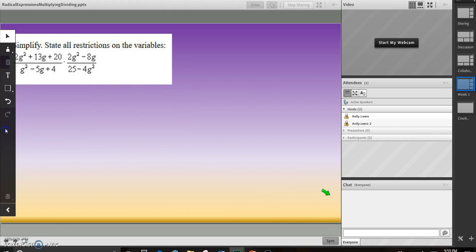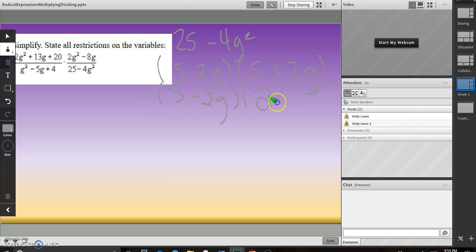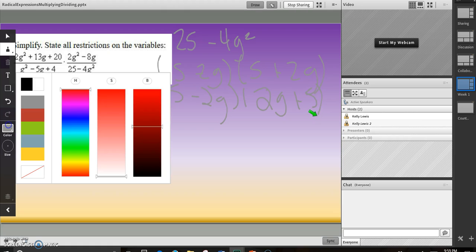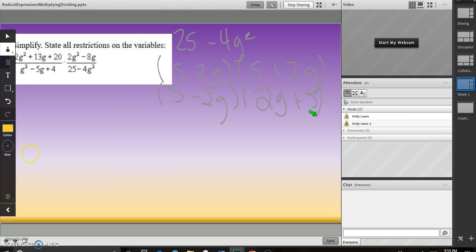All right, so we were, okay, 25 minus 4g squared was 5 minus 2g, 5 plus 2g. And we talked about how 5 minus 2g, you can't switch it around, but you can switch 2g plus 5. Then the 2g squared plus 13g plus 20 was 2g plus 5, g plus 4.